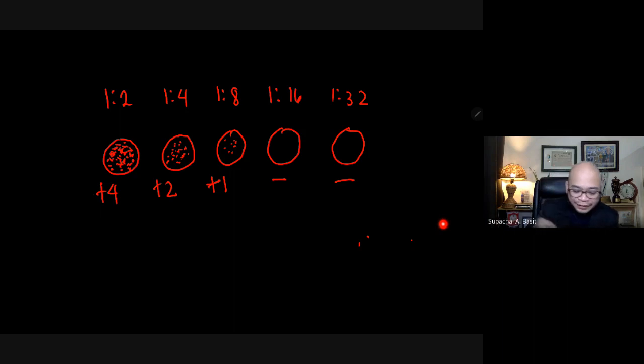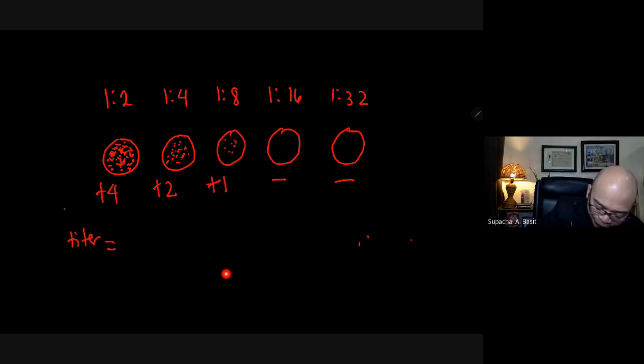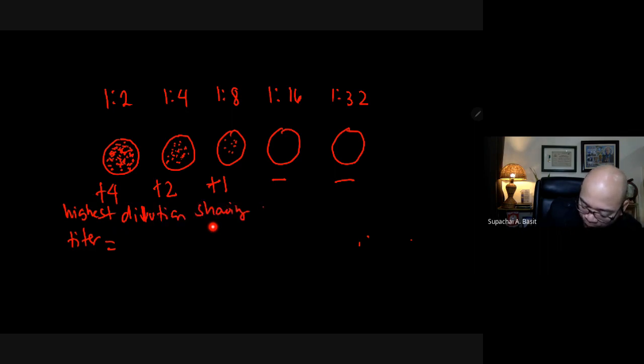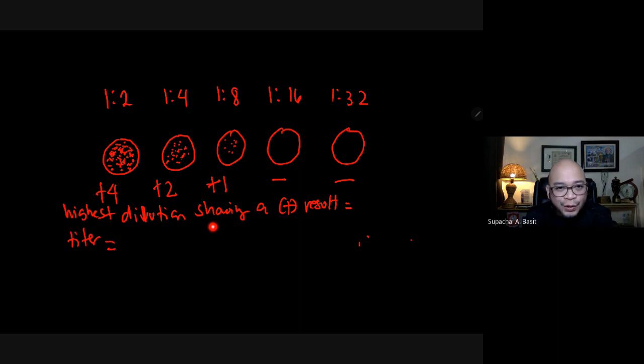So, what is the titer? The titer is the reciprocal of the highest dilution showing a positive reaction. So, the first thing that you have to know is what is the highest dilution showing a positive result. The highest dilution showing a positive result is 1:8.